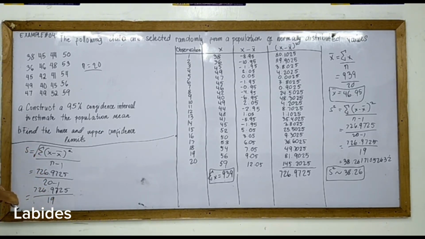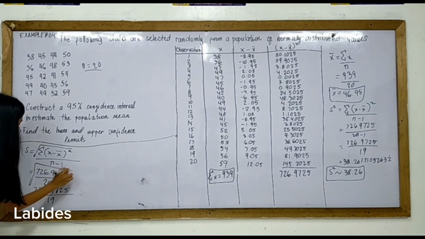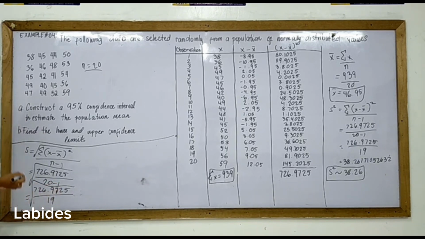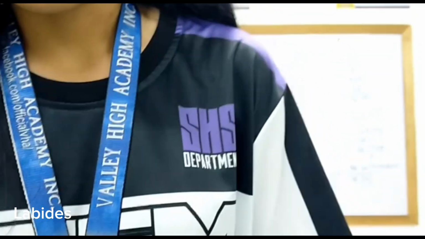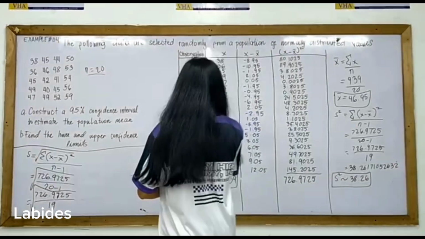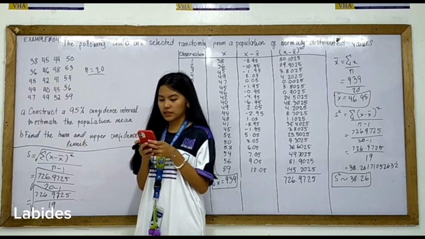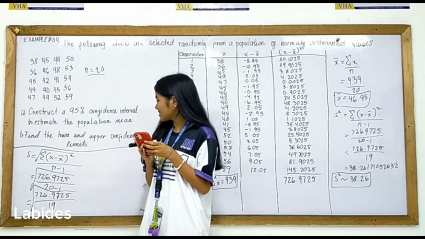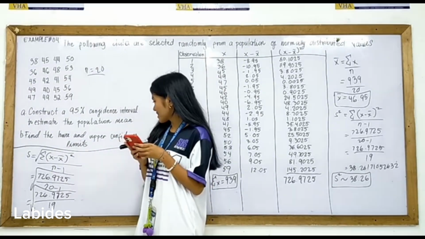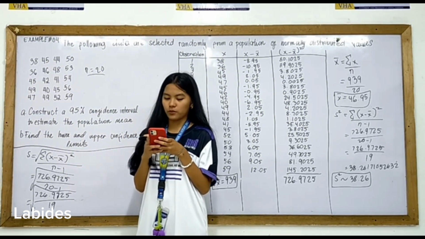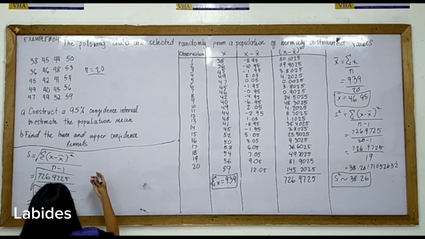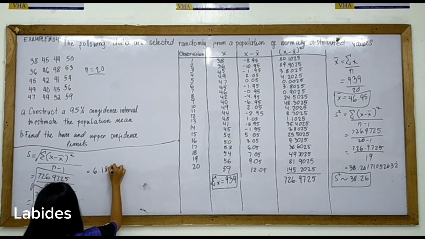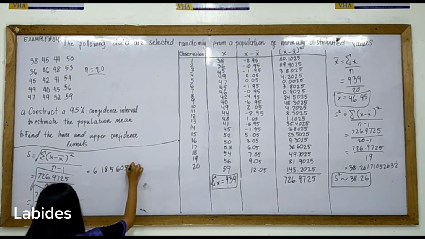So using our calculator, square root of 726.975 divided by 19, our answer is going to be 6.1856.